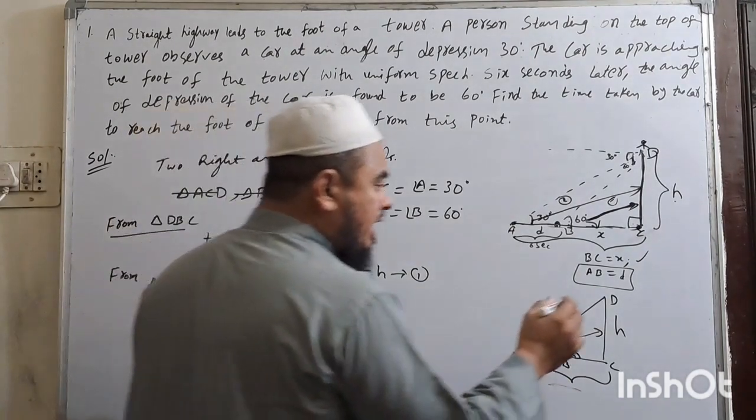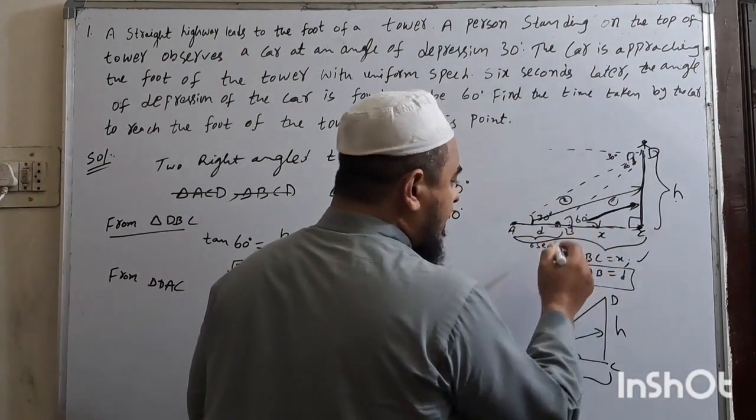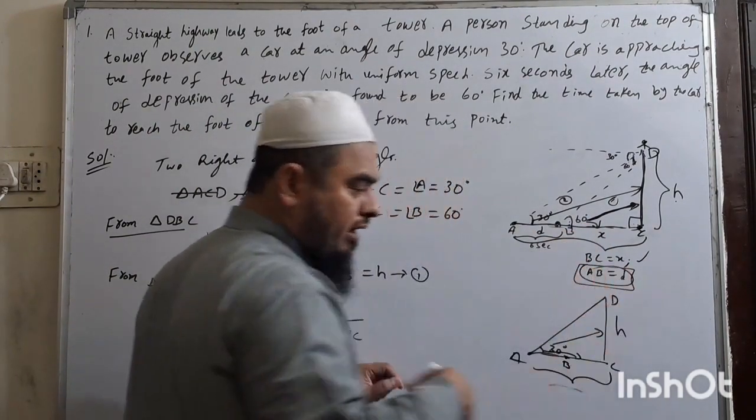Now what have we taken here? AB we have taken as D. Initially we assumed it.